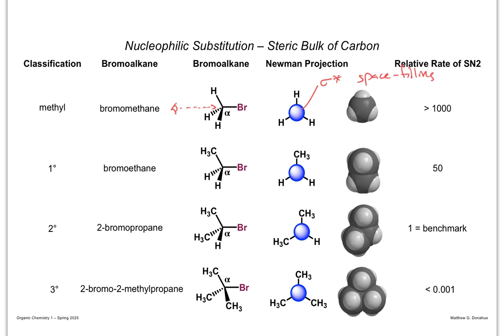So you see in lighter gray or white, those are the 3 hydrogens, 1, 2, 3. Then this dark gray in the middle, you can imagine that the sigma star orbital is there. The thing you can't see is the bromine because it's in front of the carbon.